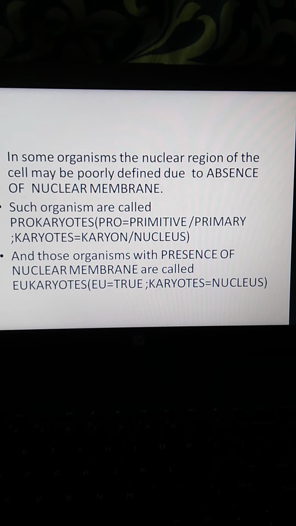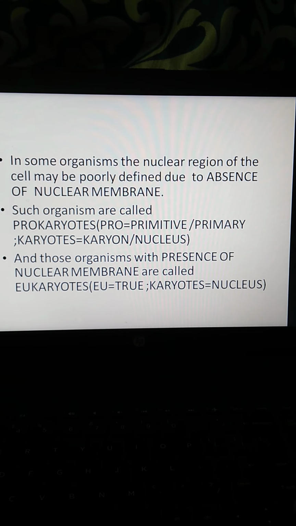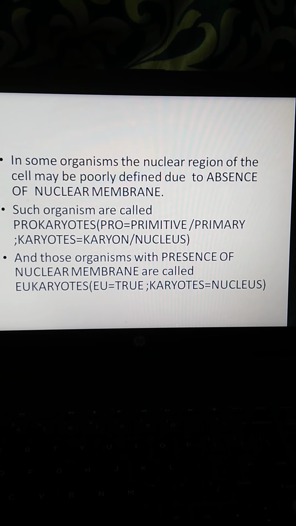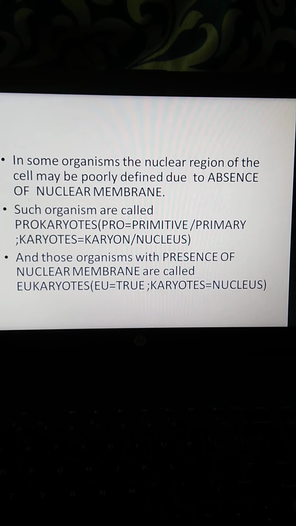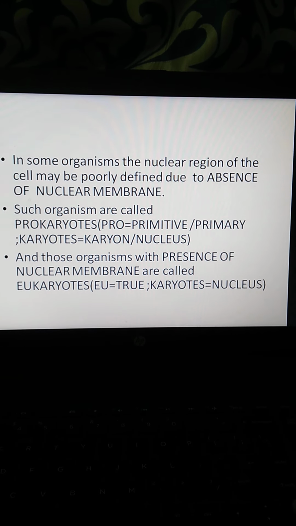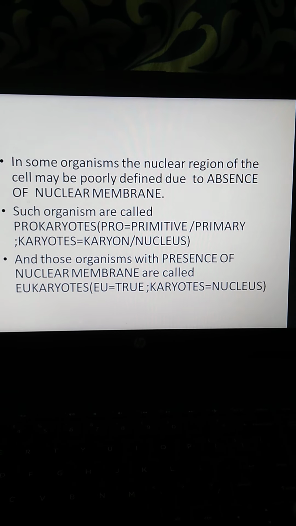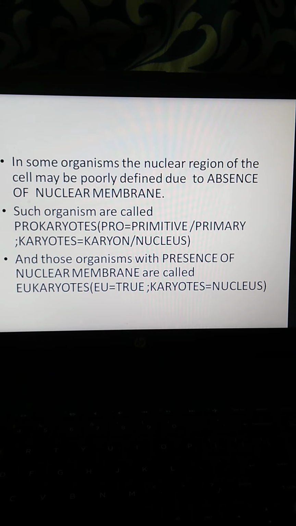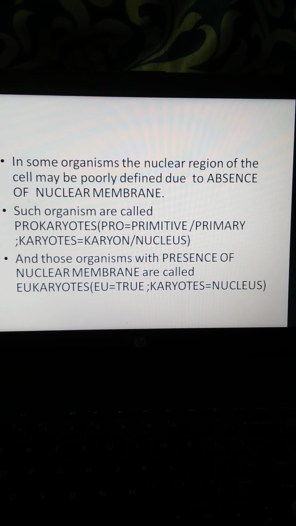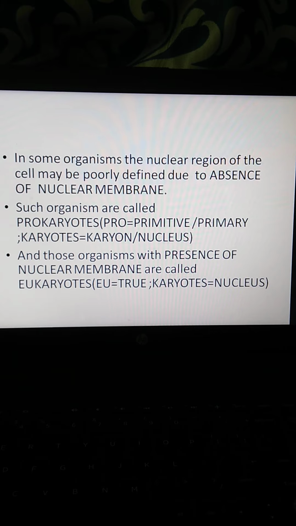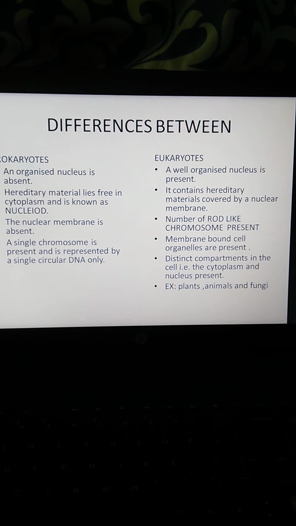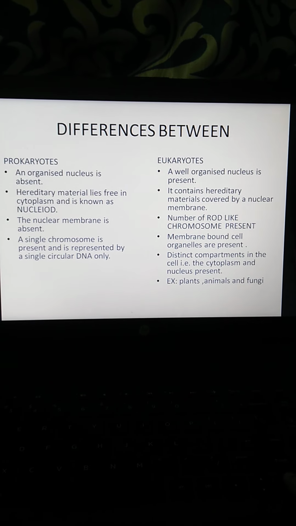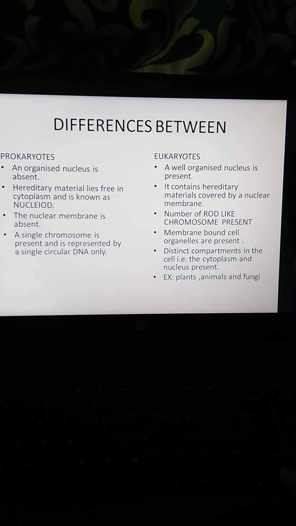So on the basis of presence and absence of nuclear membrane, we have two types of organisms, prokaryotes and eukaryotes. Prokaryotes are with primary nucleus which lack nuclear membrane, and eukaryotes are those which have a properly defined nuclear membrane.